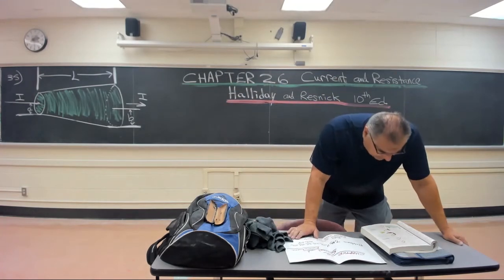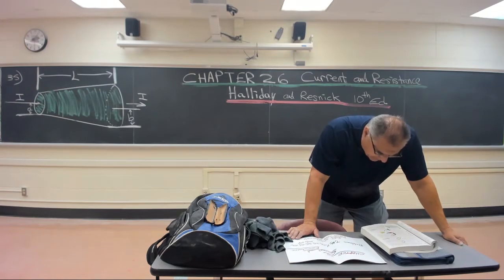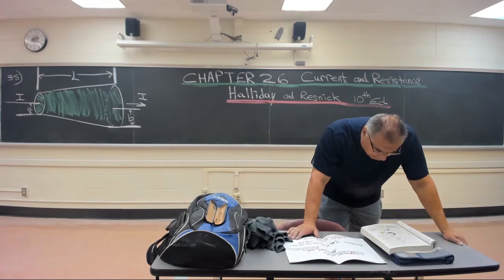For problem number 35, current is set up through a truncated right circular cone of resistivity 731 ohm-meters. The left radius, the small radius, A, equals 2 millimeters, the right radius, B, equals 2.3 millimeters, and the length, capital L, is 1.74 centimeters.